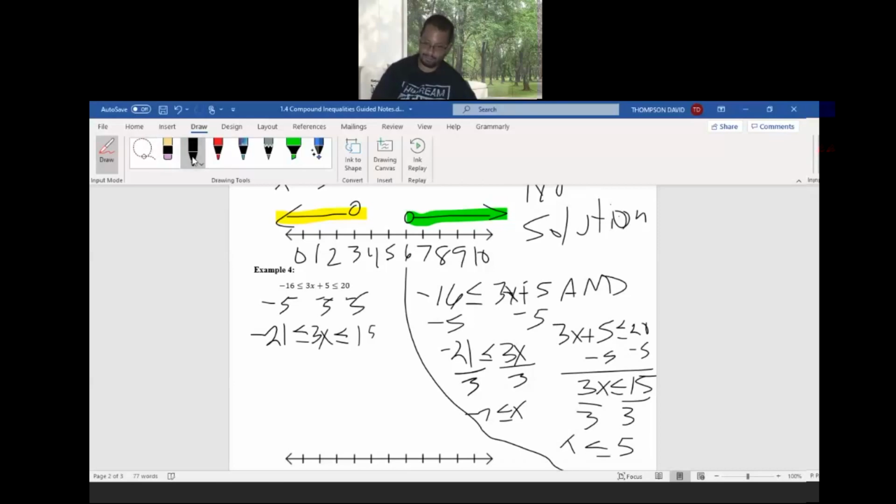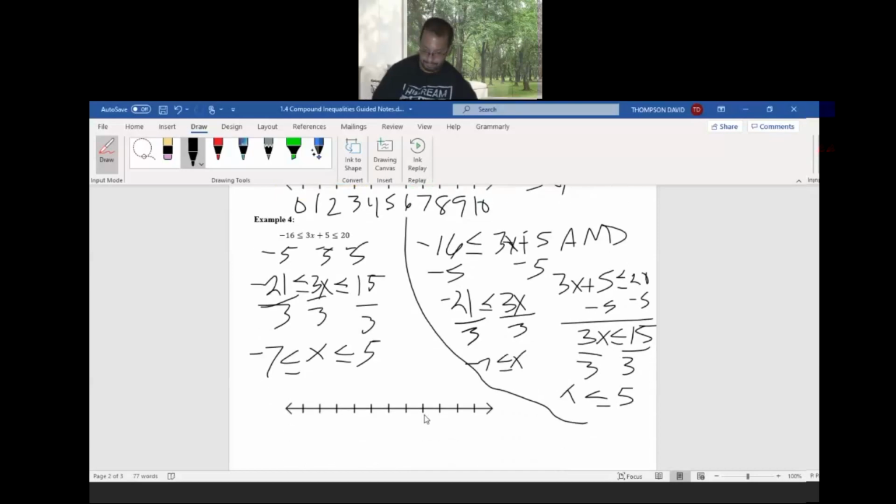Next thing, we'll divide everything by 3. We have negative 7 is less than or equal to x, which is less than or equal to 5, and we are done. Only thing we have left to do is graph.